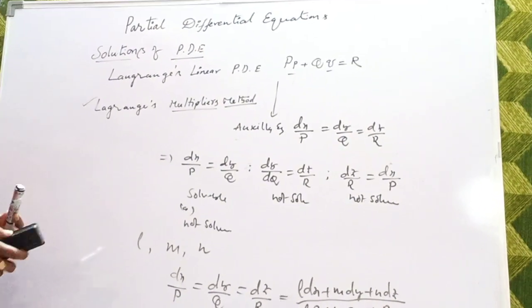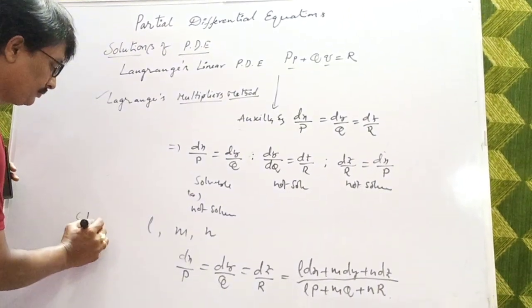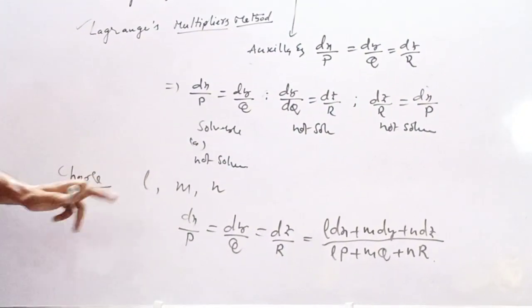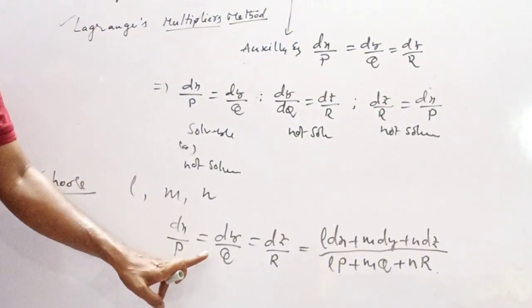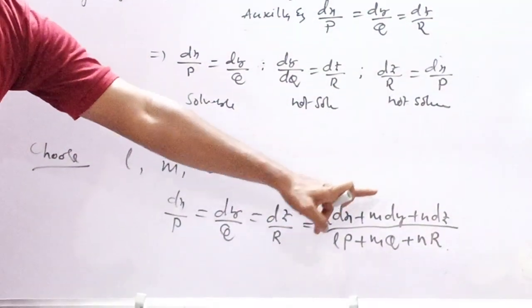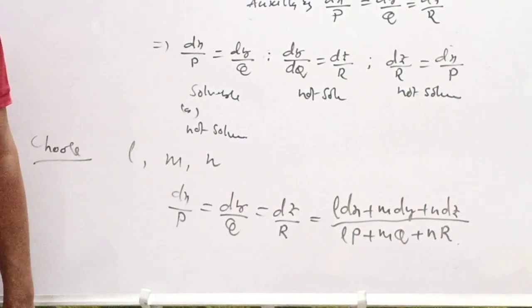Choose L, M, N such that it satisfies dx by P equal to dy by Q equal to dz by R equal to Ldx plus Mdy plus Ndz by LP plus MQ plus NR.